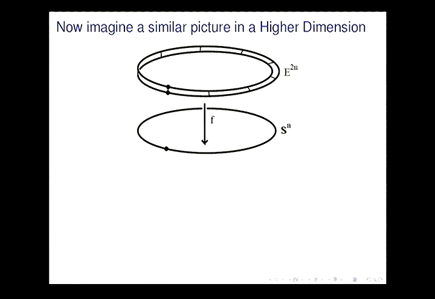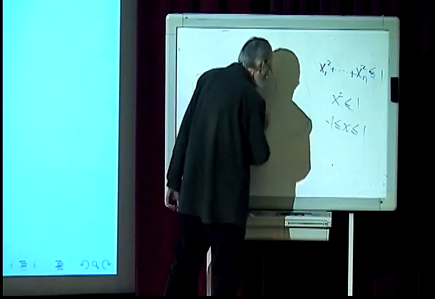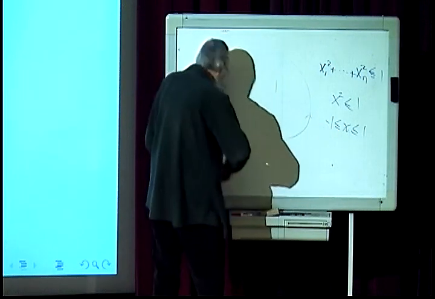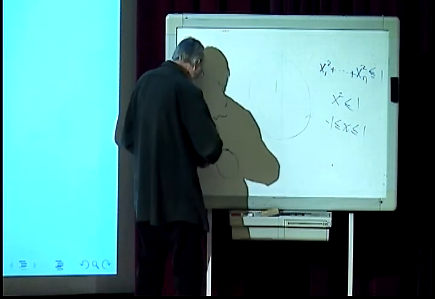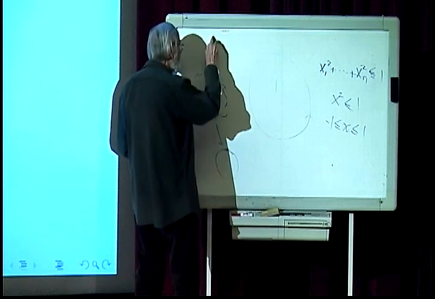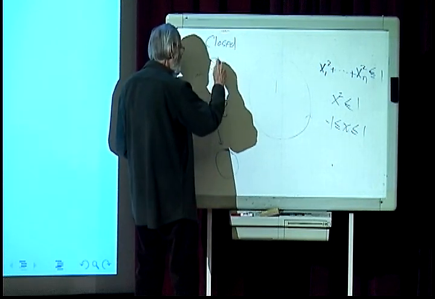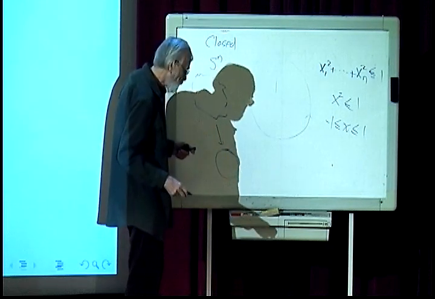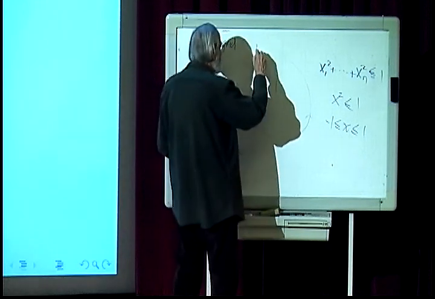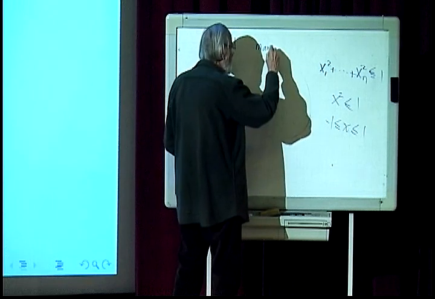Maybe I should be a little more clear here. I've been talking about three different categories of manifolds. Closed manifolds, things like the sphere, the surface of a donut, and so on. I also need to talk about manifolds with boundary.